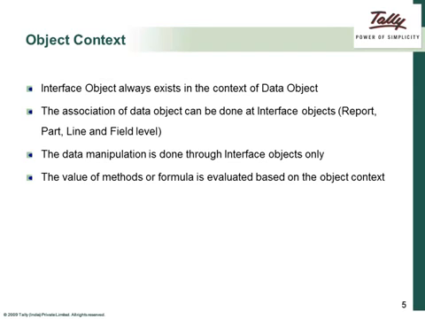Associations of the data object can be done at report, path, line and field. Manipulations will happen only through the interface objects that we spoke about, and the methods and the formulae that you give as an output will always be in the context of the data object that you have associated your interface with, right?